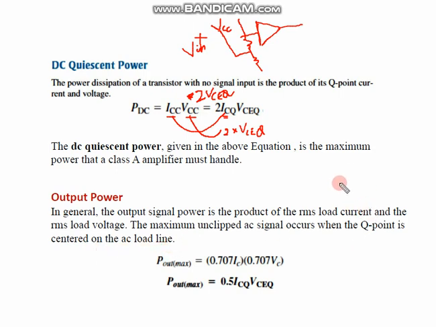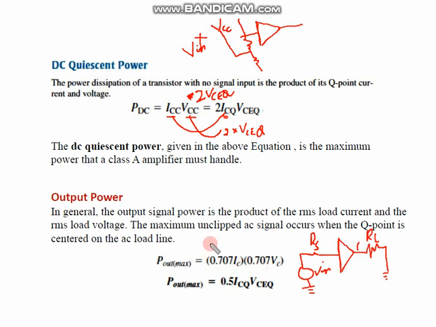So for this amplifier, if I connect it to a load, which is RL, and this is some RS, and this is V in, now the output power delivered to this, P out maximum, is another characteristic.